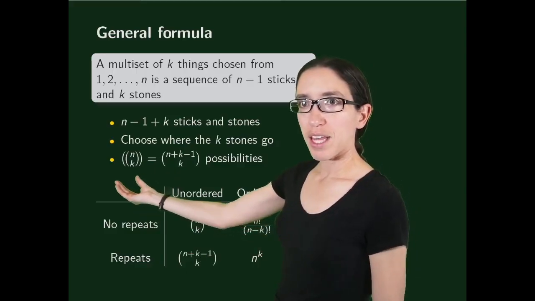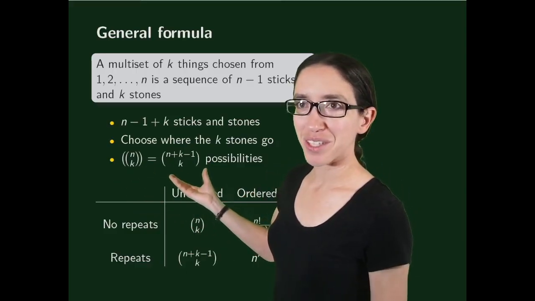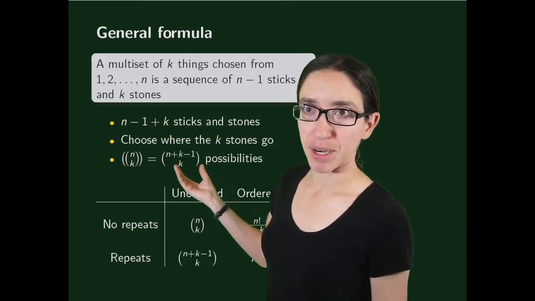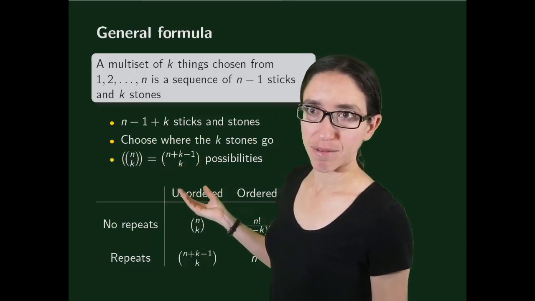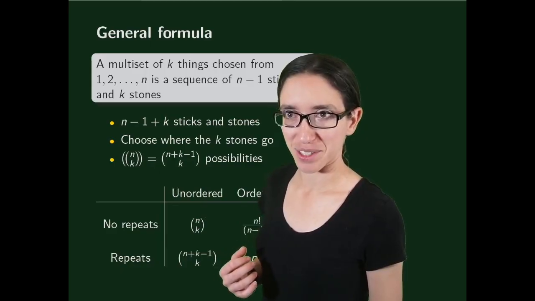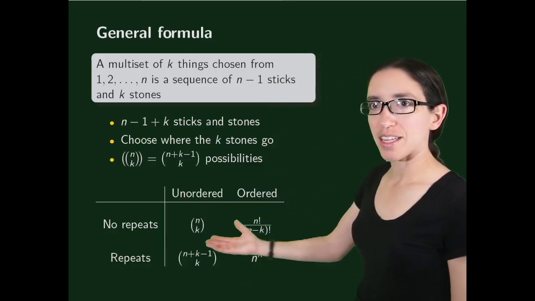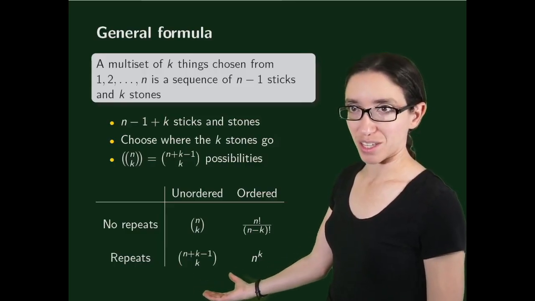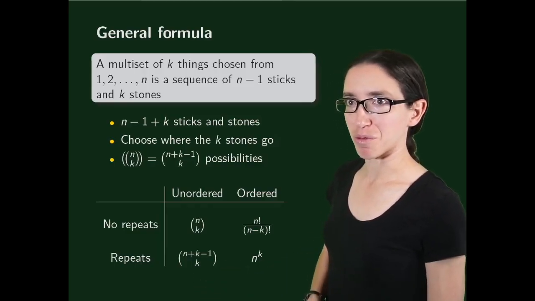And so n multi-choose k is equal to n plus k minus 1 choose k, or n plus k minus 1 factorial divided by k factorial times n minus 1 factorial. So that allows us to finally fill in the last element of our table actually in terms of a choose itself. It's just a bit of a different choose than we had before.